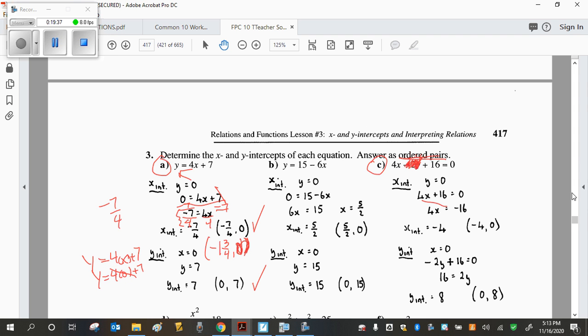And to do that, you subtract 16 on both sides and divide by 4. You get -4. Now similarly, I'll let you write that down if you didn't show your work. It's going to disappear pretty soon, so.